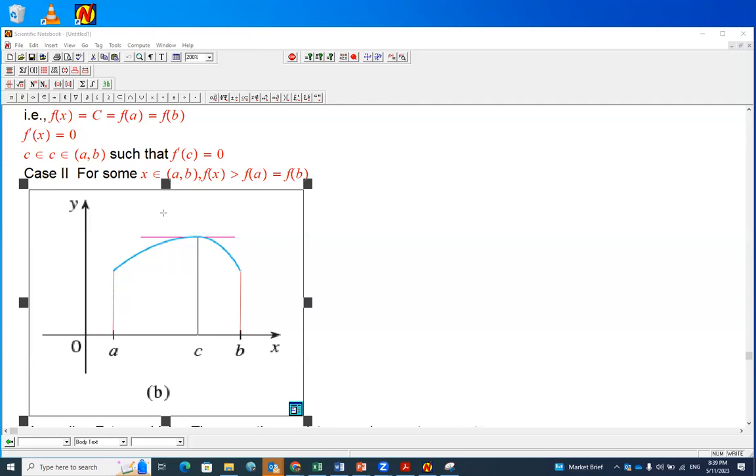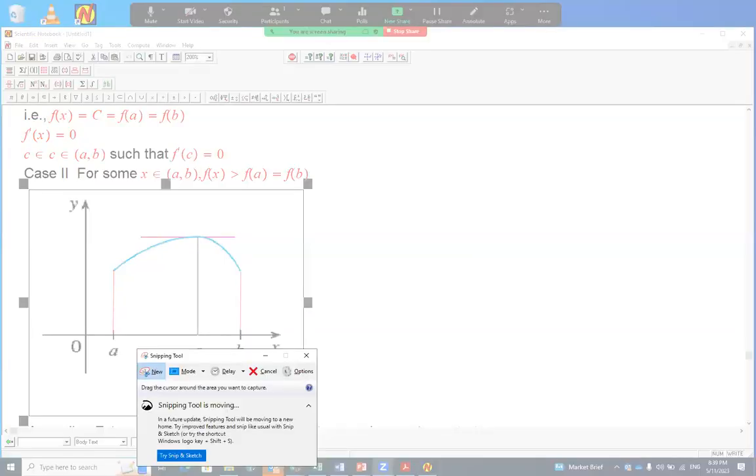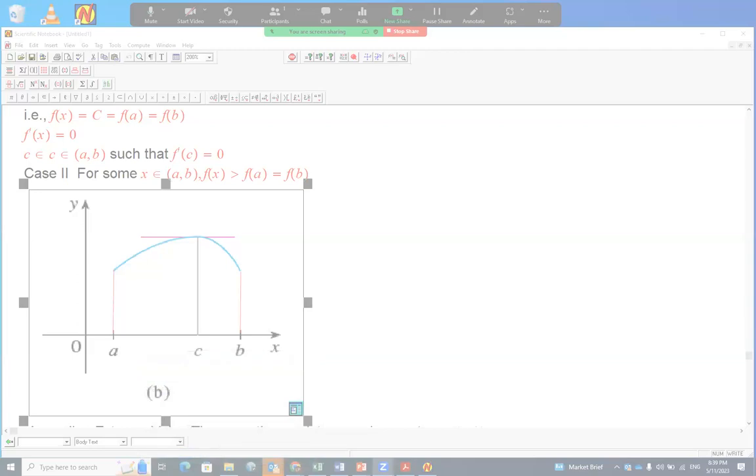All right, so that's the second case. And the third case, it could be that we have a minimum. It could be something like that.